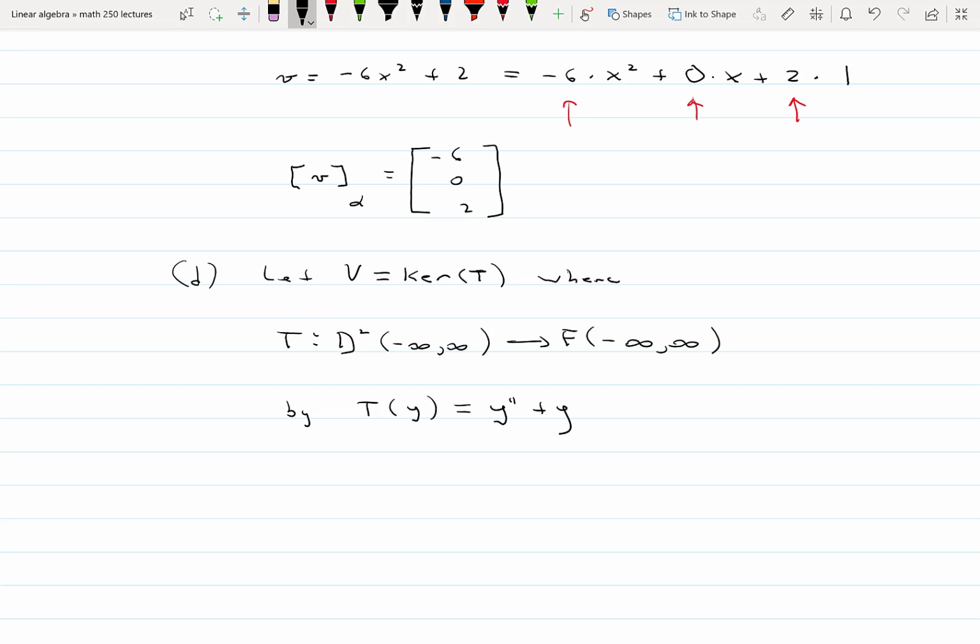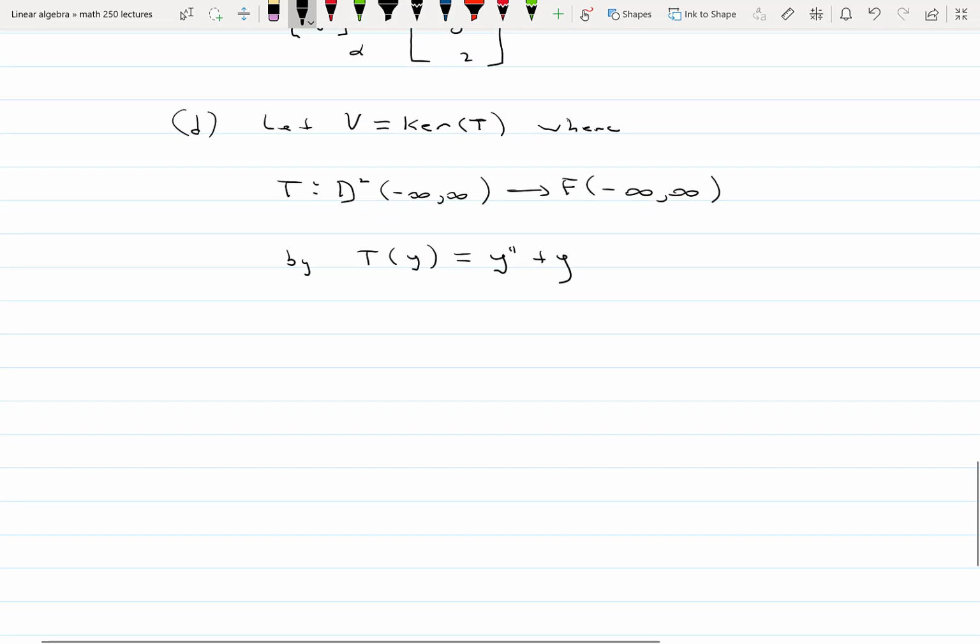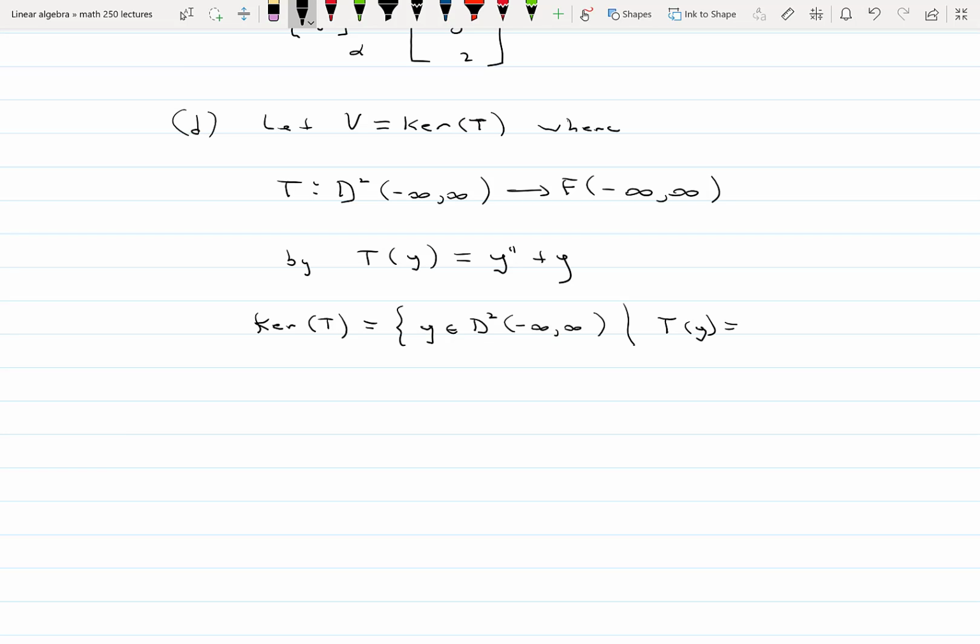Okay, so we have to remember what the kernel of a linear transformation is. The kernel of this linear transformation is everything that gets sent to 0. It's the set of all y in D2 of negative infinity to infinity such that T of y equals 0.